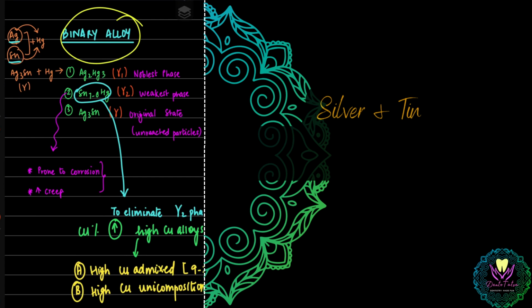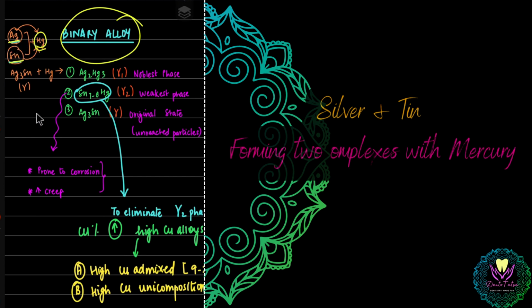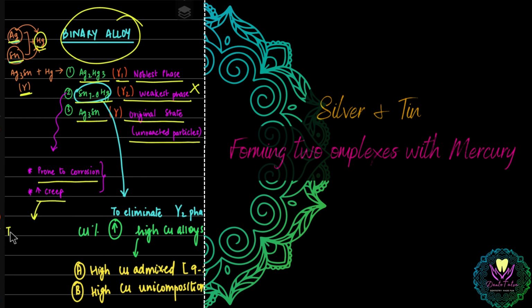Obviously there are two counterparts in this, Ag as well as Sn, so there will be two separate complexes formed when it reacts with mercury. So Ag2Hg3 is my noblest phase. Then gamma 2, Sn7-8Hg, which is the weakest phase, as it is high in corrosion and it has a high creep value. So it is an undesirable state which I want to get rid of.